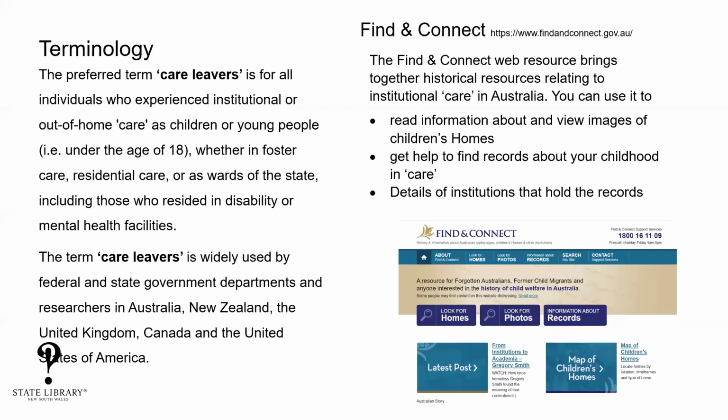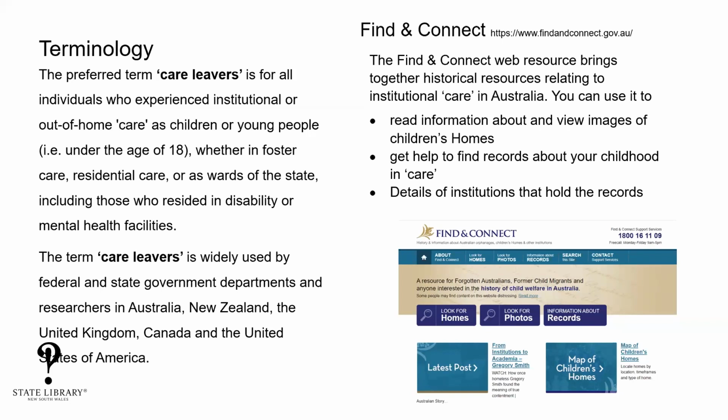On the right-hand side of the screen, there's information about Find and Connect. It's a web resource that brings together historical resources relating to institutional care in Australia. It includes a lot of information, and it also includes the available records and where those records are held.